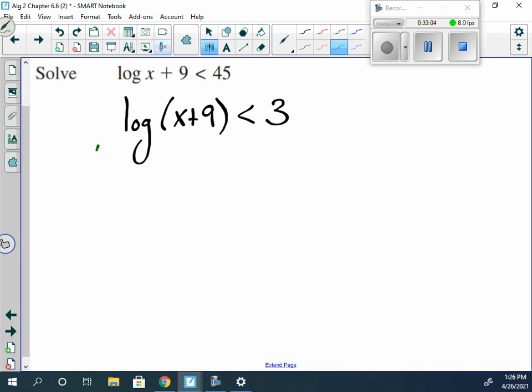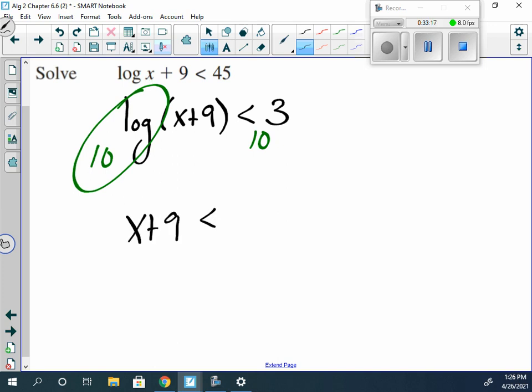So we can go on and put both sides to the 10th power, because 10 to the log of x plus 9 will simplify to just x plus 9 is less than 10 to the third, which would be 1,000.